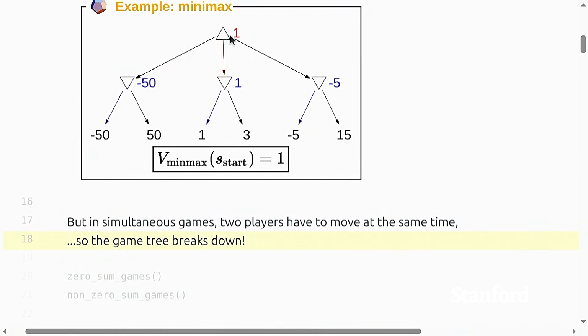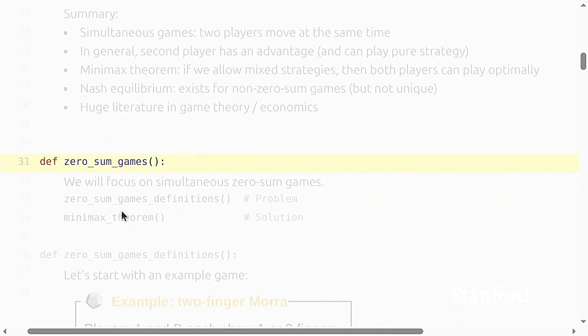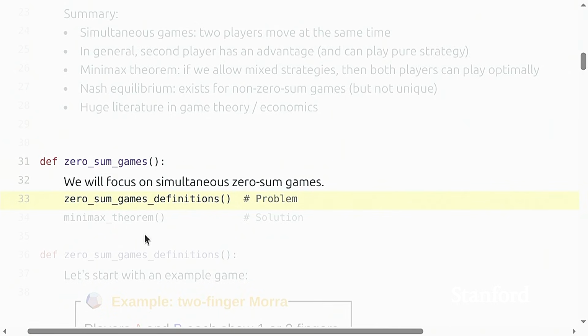You can't have this. If two players are trying to move here, then it's confusing. Are you maxing or are you mining? And that doesn't work. So we're going to focus first on zero-sum simultaneous games, and then we're going to do the non-zero-sum setting. We're going to start with a few definitions, and then there's a theorem that essentially solves it.